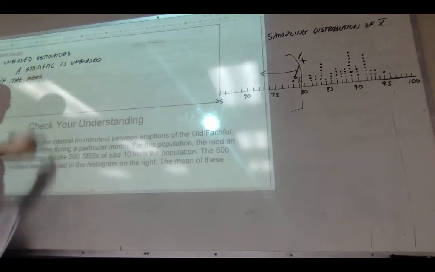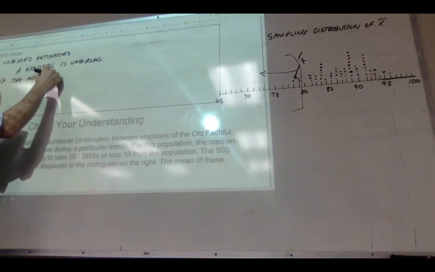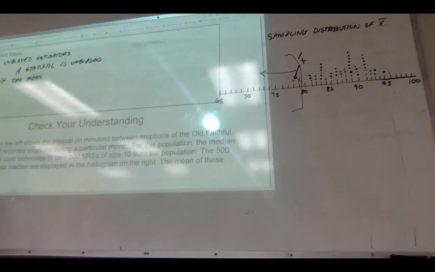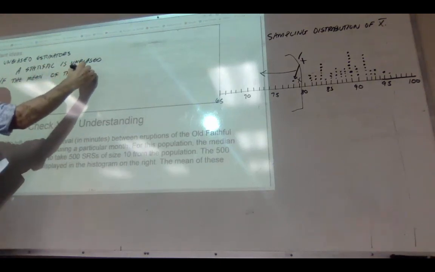Shut up. Because the definition of an unbiased estimate is a statistic that is unbiased. A statistic is unbiased if the mean of the sampling distribution... Sounds like an insult. Unbiased estimator.